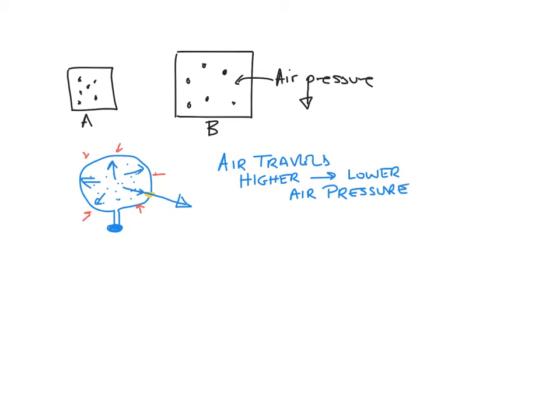So you want to make sure that you understand that if there's a change in air pressure between two locations, air will head in from a higher air pressure to a lower air pressure.